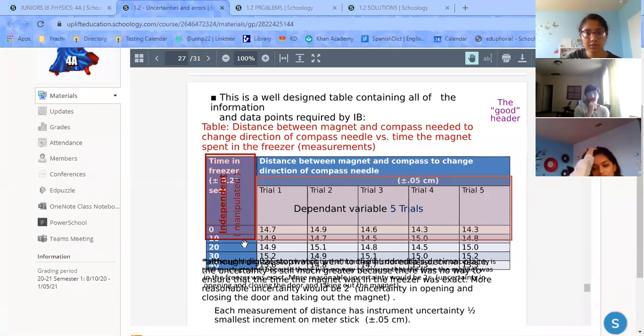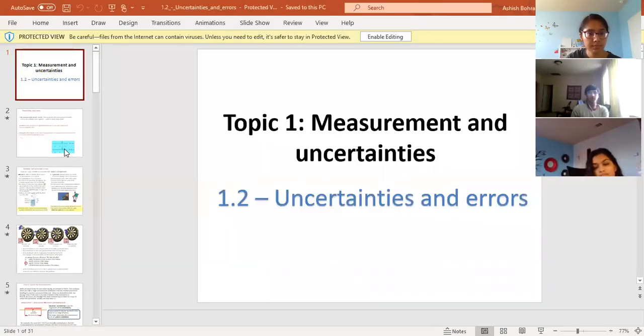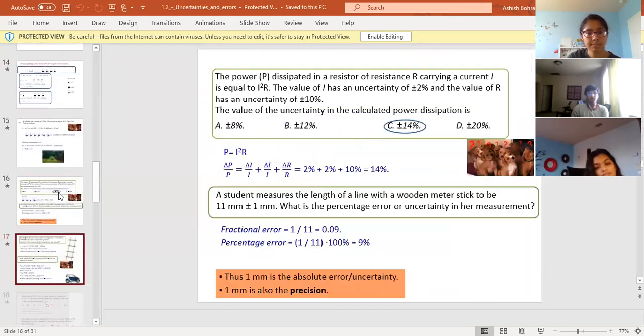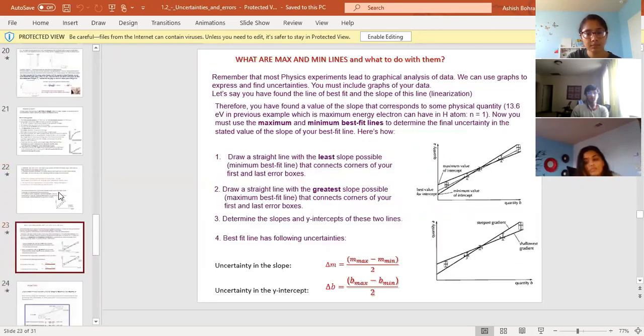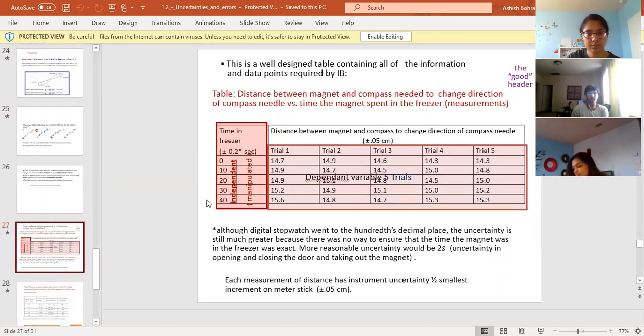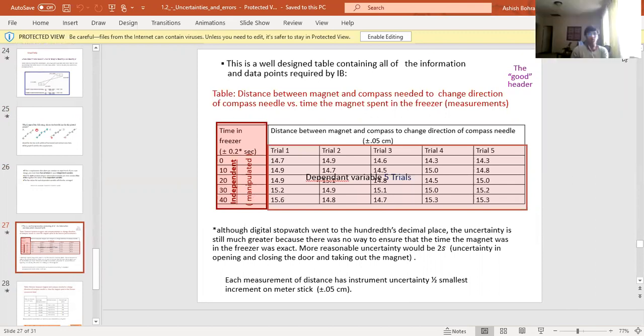Can you guys see the PowerPoint? No. No? Okay, there we go. Okay, this is an exemplary table.